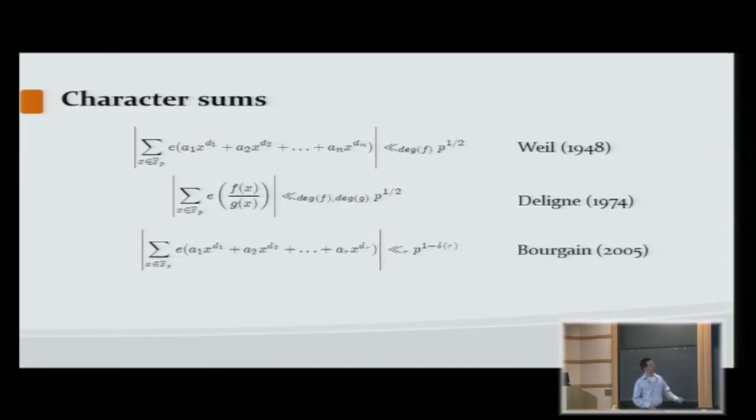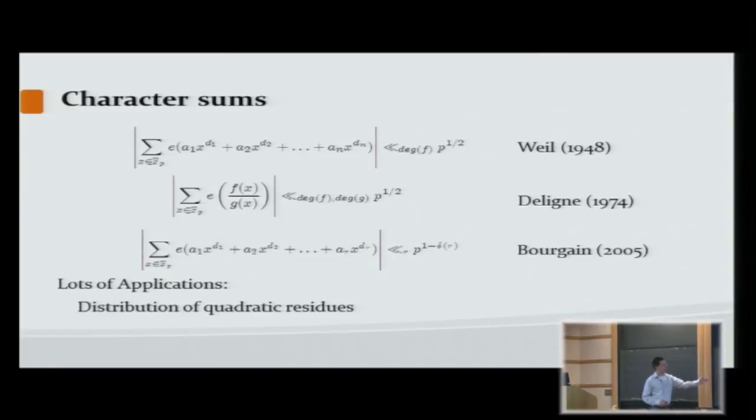This is a topic where there are a lot of open problems that are far from being solved, but we've also made a fair amount of progress, and it has received a lot of attention all around the world and in the general vicinity where we currently are. These character sums have lots of applications, and I just gave you four that were the first to come to the top of my head.